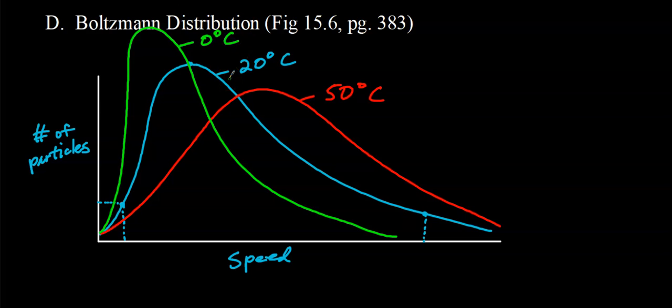That green curve shows that there's a large number of particles that have a low speed and not a lot of particles that have a high speed. So again, very important, the relationship between temperature and molecular motion: the higher the temperature, the higher the average speed of the particles.